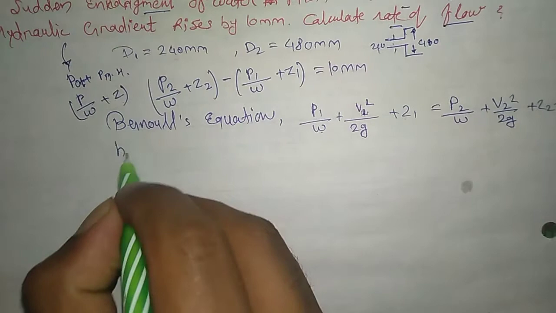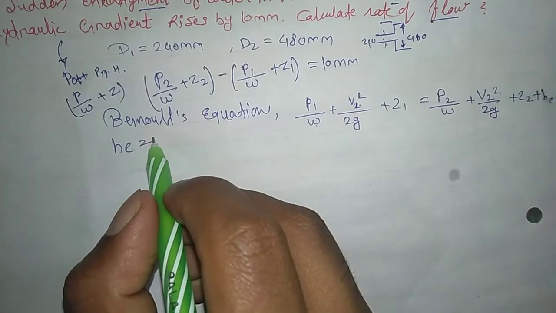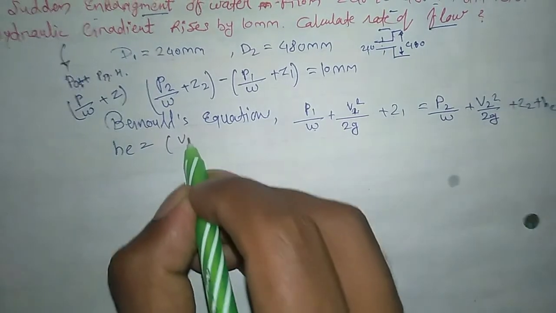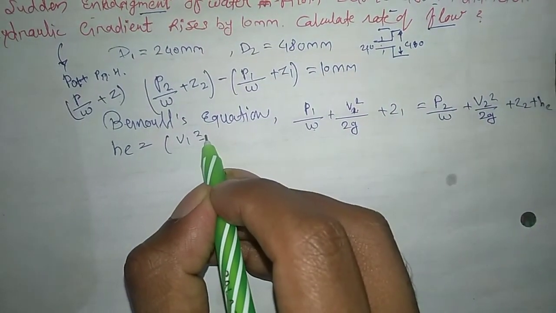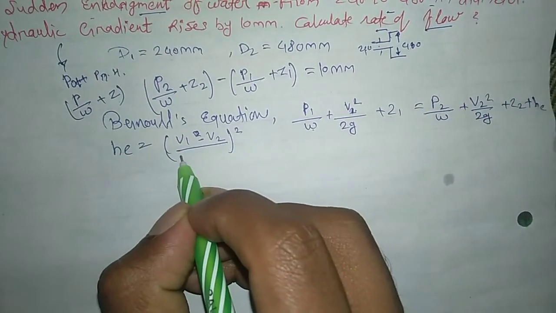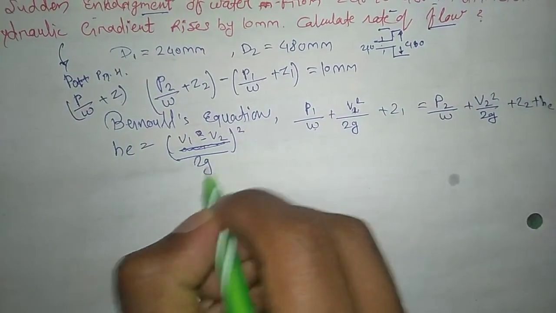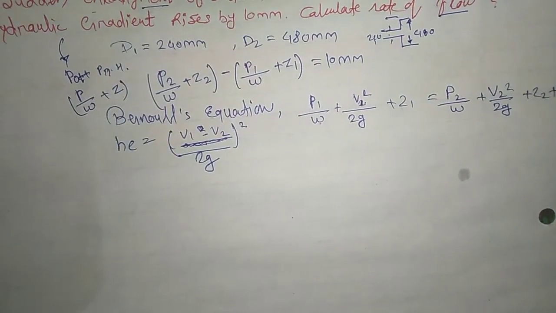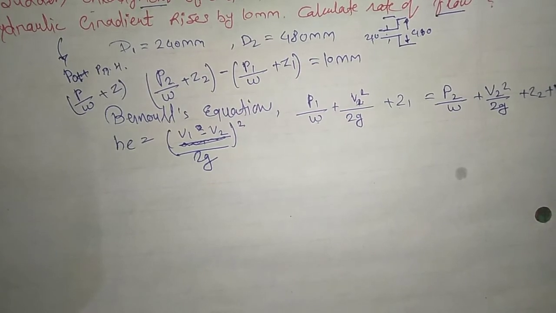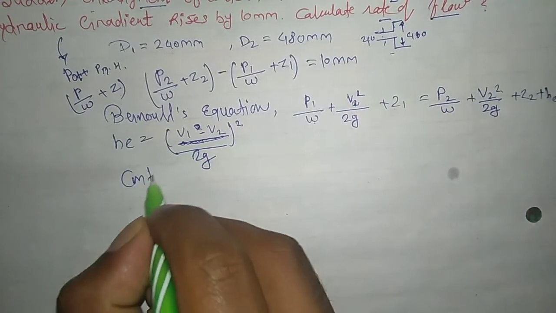We know that HE, the head loss for the sudden enlargement, is (V1 minus V2) whole square by 2G. This is the formula of loss of head. So in this section we will use the continuity equation.